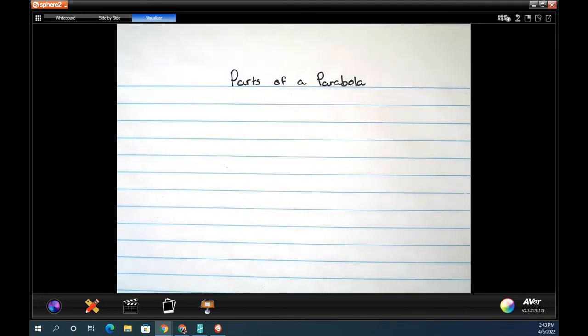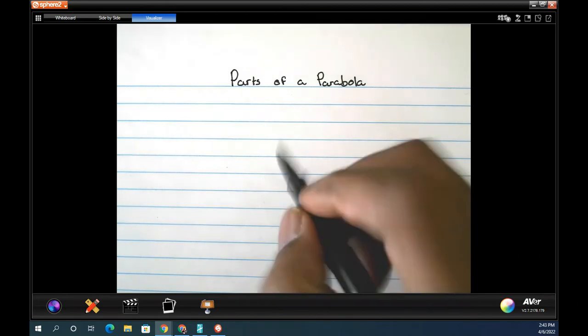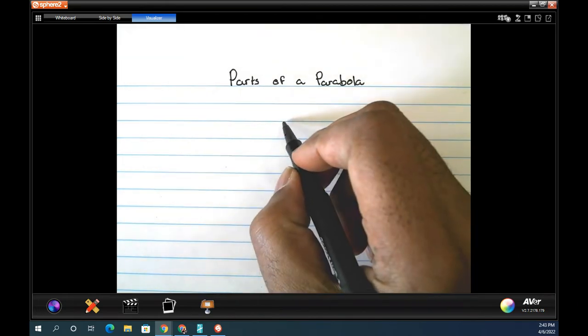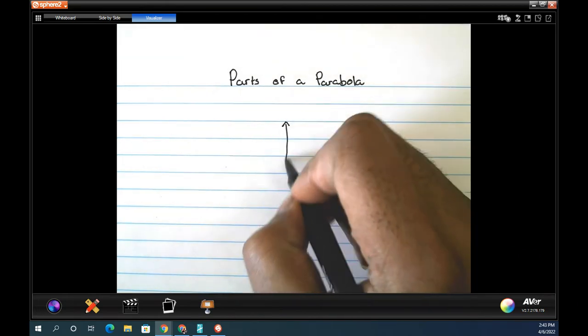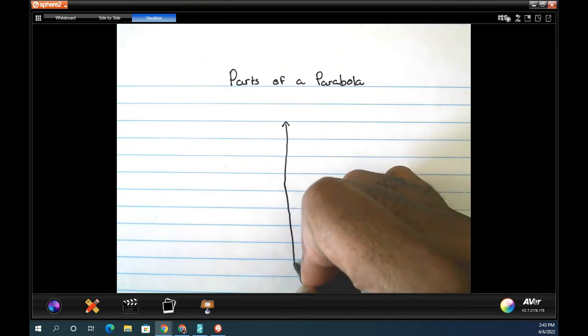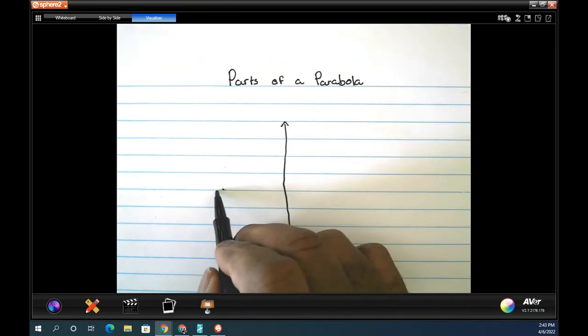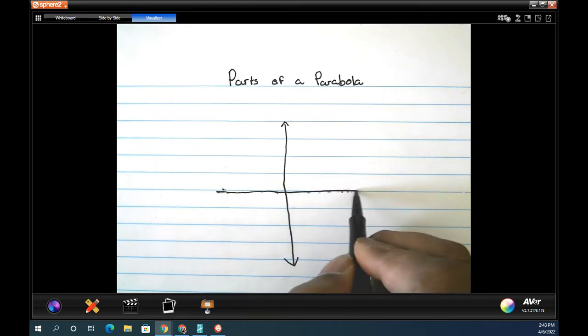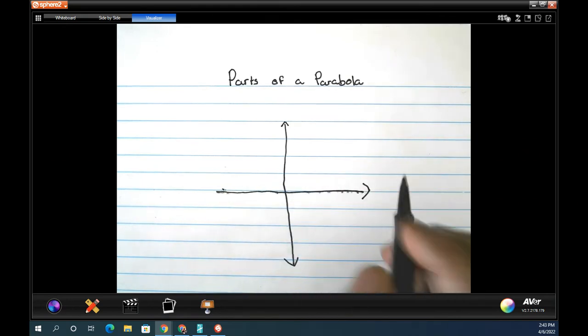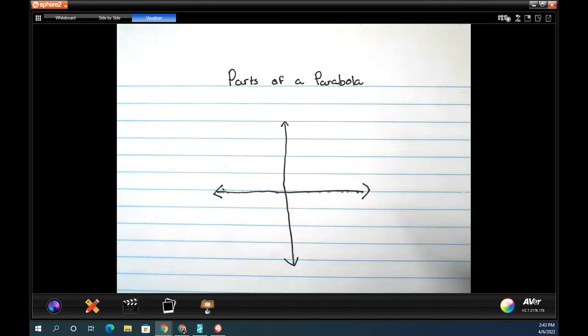Okay, what you need to do is draw up a coordinate plane. All right, we've got a coordinate plane right there.